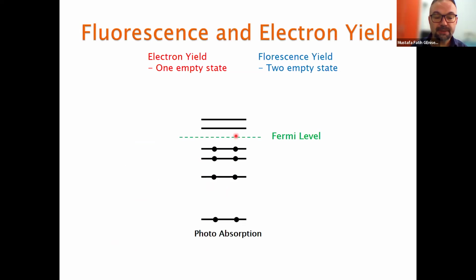When photon absorption happens, which means we are sending a photon which can take an electron from the core shell to the upper shells, absorption will occur. So the photon will disappear, and now our element is in an excited state.